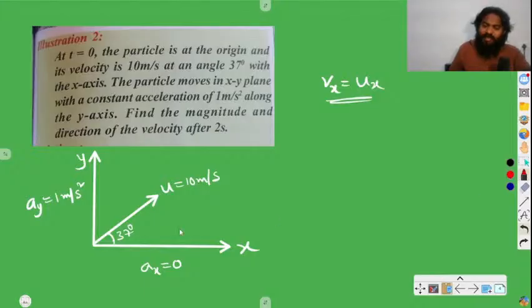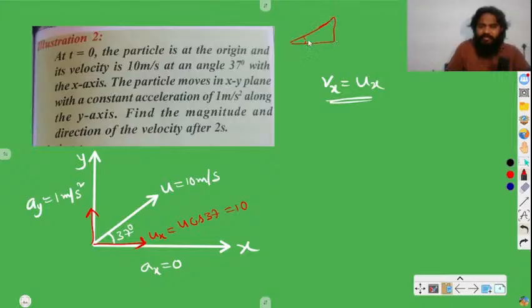What is the initial velocity along the x-axis? If u is 10 meter per second, then this velocity can be split into two components. One component is u_x, that is equal to u cos 37, which is 10 cos 37. If you observe carefully, cos 37: just take a right angle triangle.